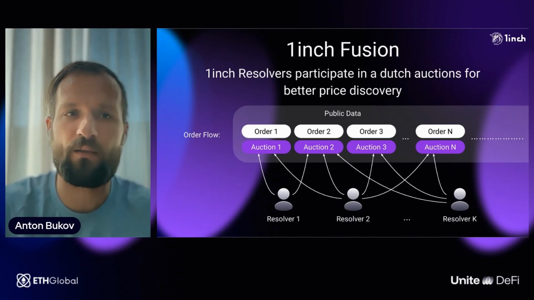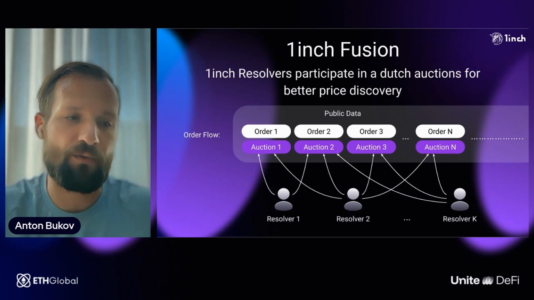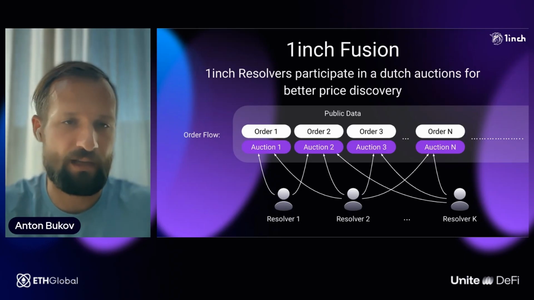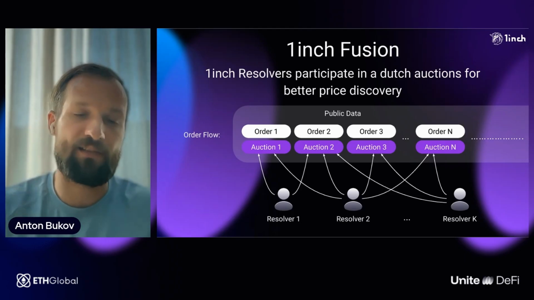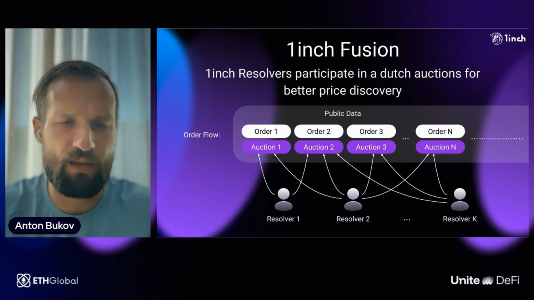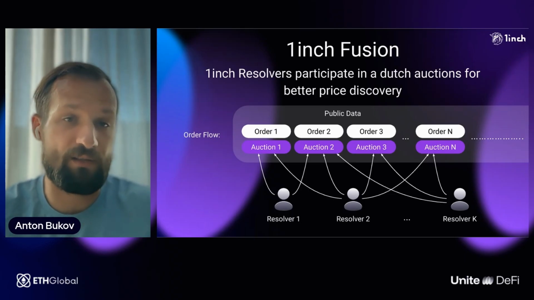They just wait while the price improves over time, and they compete with each other. That's why, when the exchange rate is affordable for them, already a little bit profitable, they can't wait more, because someone else can steal this order. So that's how they compete. And we think that's actually one of the greatest mechanisms for price discovery.